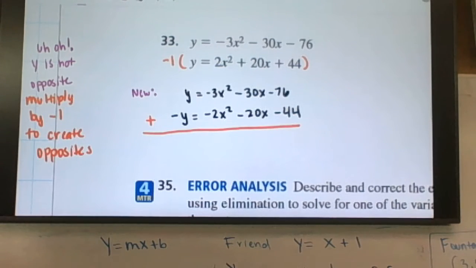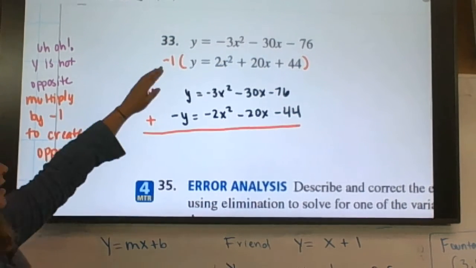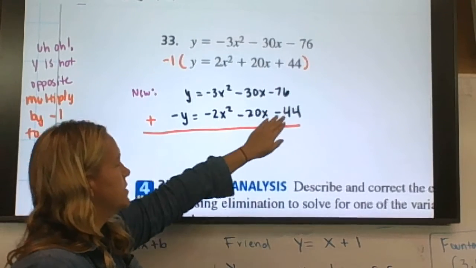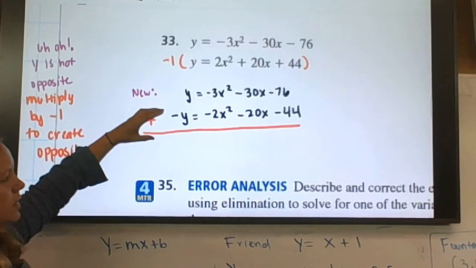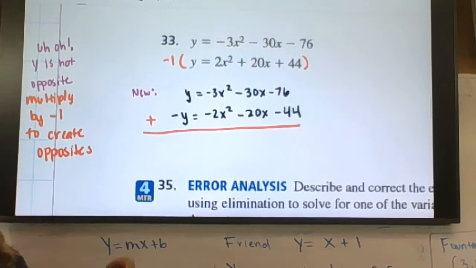So it gets distributed. This negative goes all the way through the bottom. So now this is my new system. Add down.